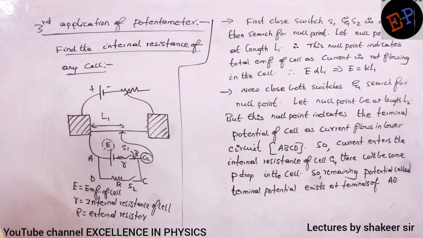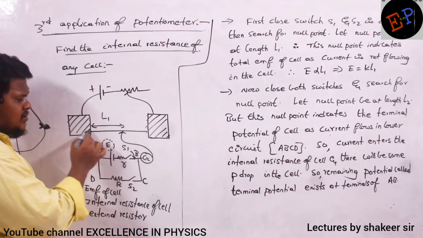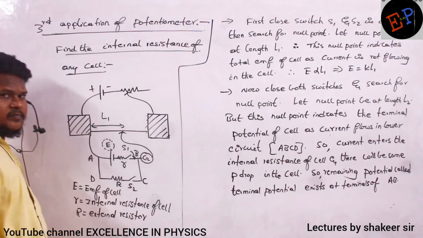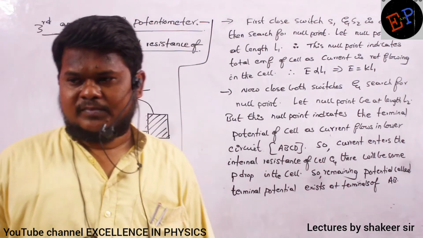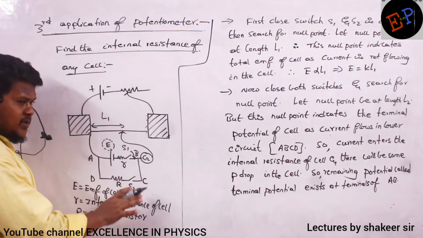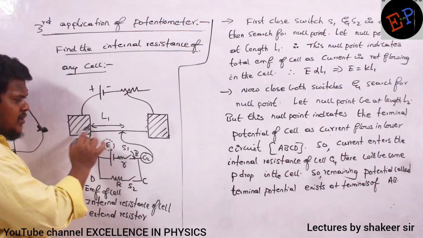Because I am searching for the null point, will this length L1 represent the EMF of the cell or the terminal potential of the cell? I am closing switch S1, switch S2 is in open condition, I am searching for the null point, and I got it at L1.